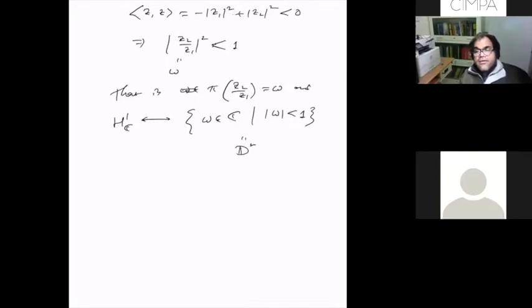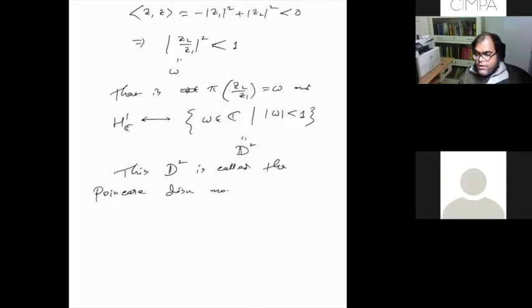All right. So this is called the Poincare disk model of H^2. Okay, so this is called the Poincare disk model of H^2.